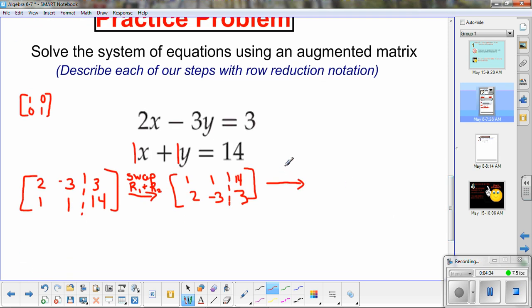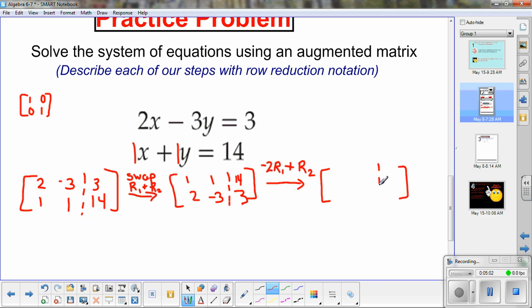So I'm going to again take row 1 and multiply it by -2. So to show that, I'm going to say -2 times row 1 added to row 2. Basically, I'm replacing row 2 with the sum of row 2 and -2 times the top row.